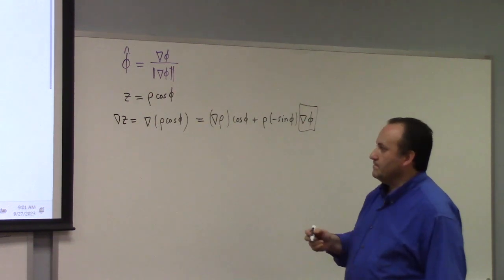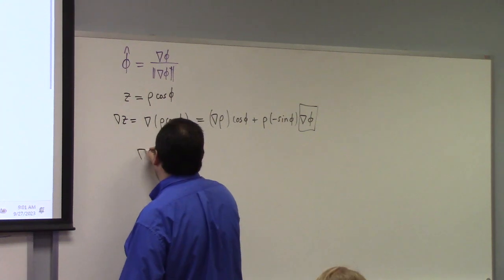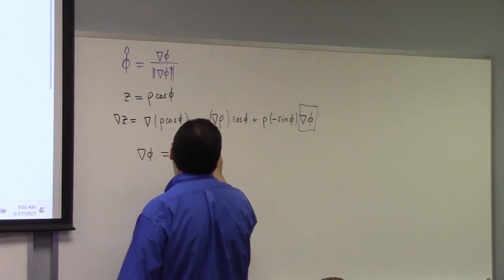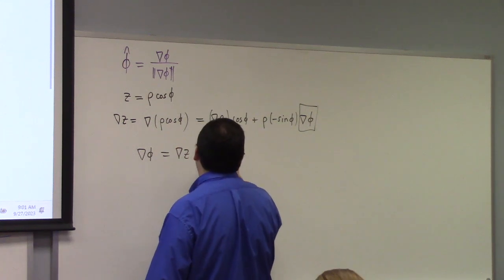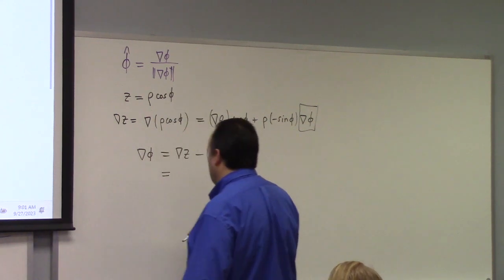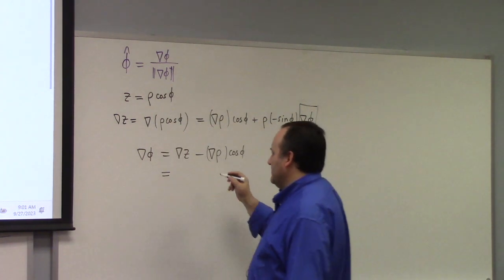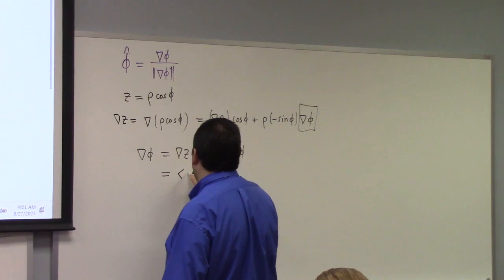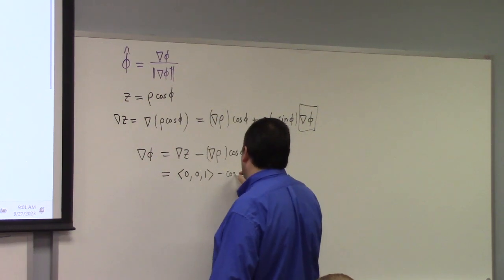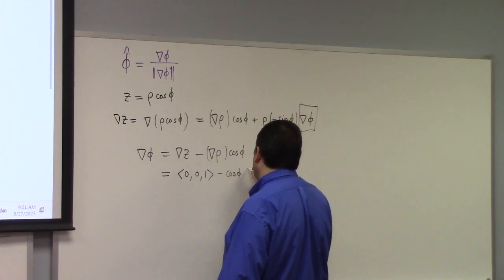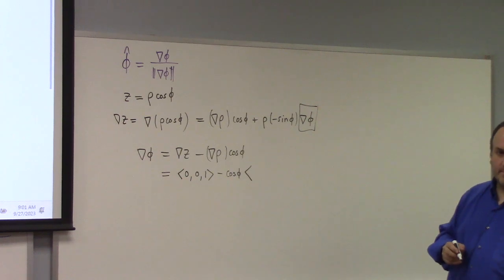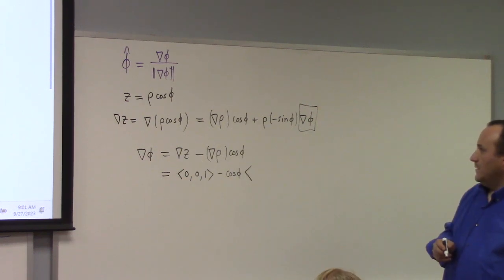So solve for it. The gradient of phi is equal to the gradient of z minus the gradient of rho times cosine phi. Now the gradient of z here is just what? 0, 0, 1. And we've got minus cosine phi. What's the gradient of rho? Would you also need to divide by the coefficients of the gradient?